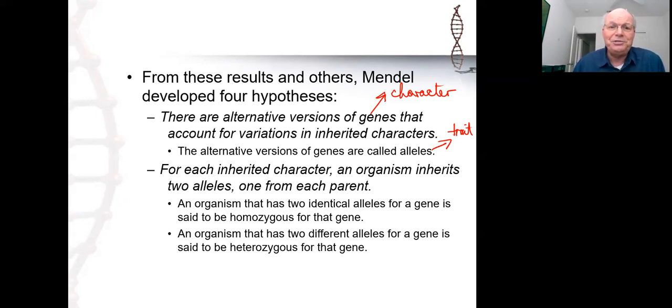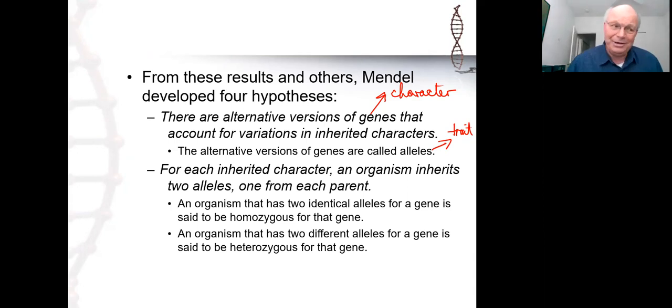The allele gives rise to the trait. And so we have these alternative versions. Each of us then gets two alleles, one from each parent. So you have two alleles for each character that you show. And one of them came from your mother, one allele came from your father.